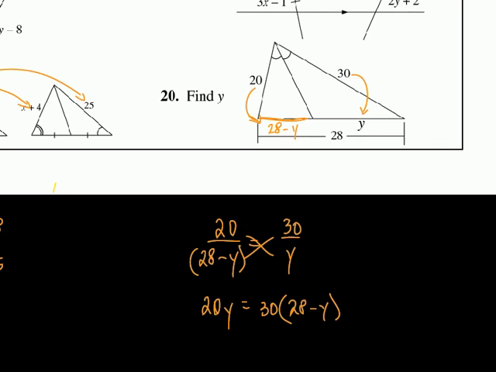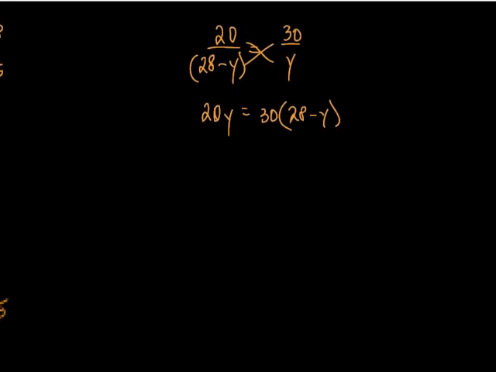Let's scooch that up a little bit, give myself some room. We can distribute this. So 20y equals, distribute here, 30 times 28, I had to put that in my calculator, I get 840 minus 30y.